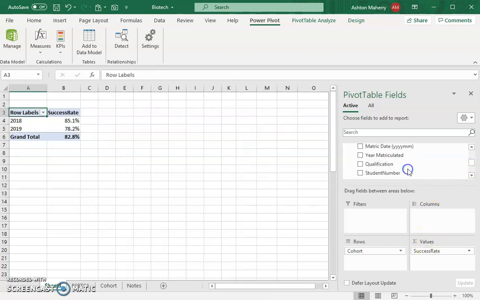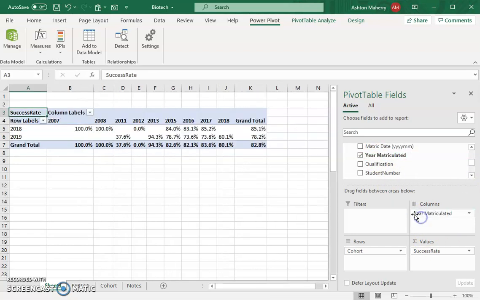Another thing we could look at is the year that they matriculated. So this would be the 2018 cohort, the 2019 cohort, and combined. Right. So we can actually see that we've had a bit of a gap here.